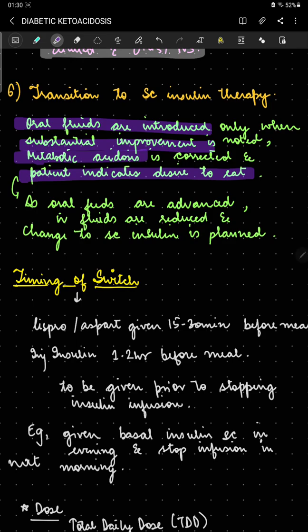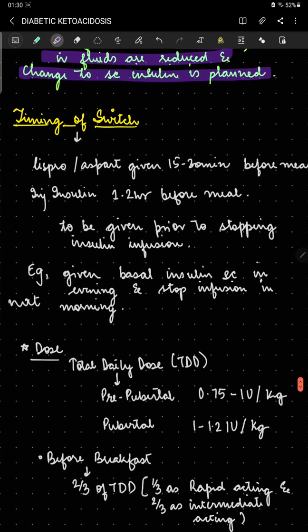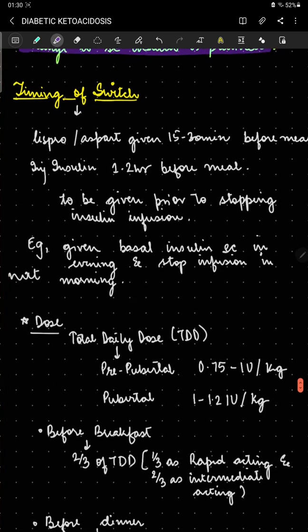And as these oral feeds are advanced, IV fluids are to be reduced, and IV insulin has to be transitioned to subcutaneous insulin, right? Most of the people ask when is the time of switch, what is a good time when we can switch, right?